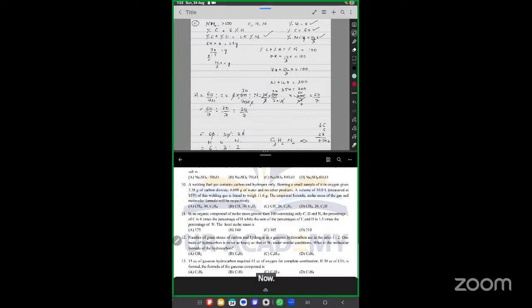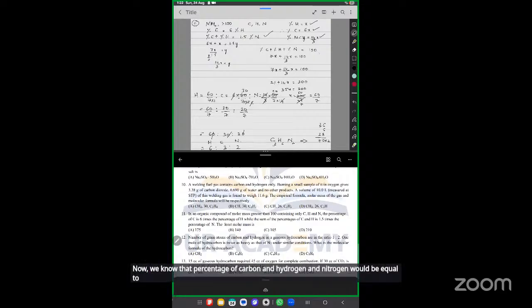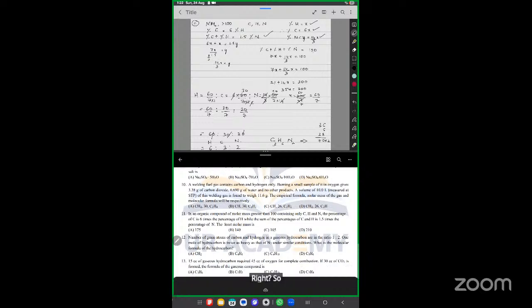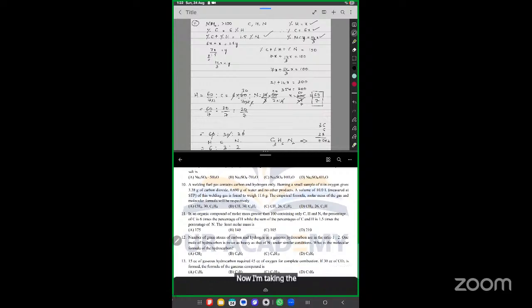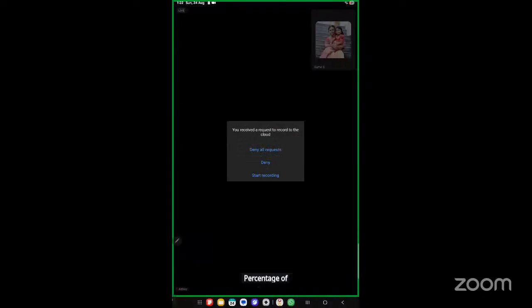Now we know that the percentages of carbon, hydrogen and nitrogen add up to 100 because they have told the hydrocarbon contains only these 3 atoms, right? So substitute that in the given equation, and you're going to get x, which is nothing but 60 by 7.